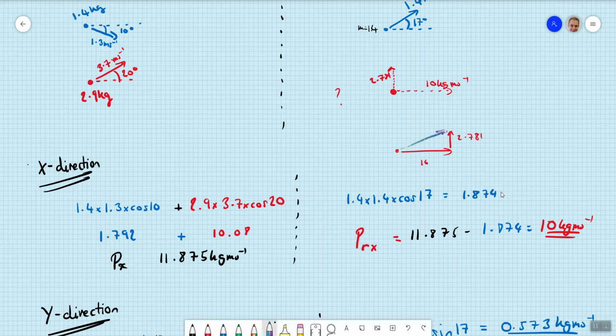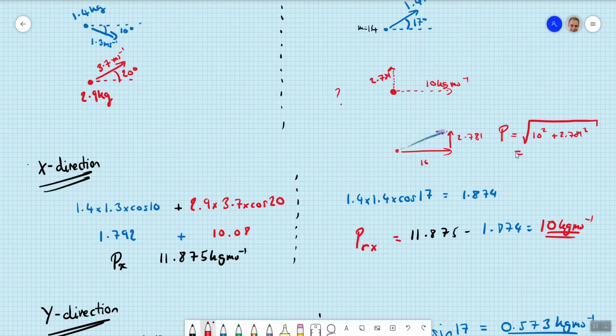So the final momentum of this object must be the square root of 10 squared. I'm just going to call it 10 now. I'm not going to worry about all the little decimal places that are miles away. So 100 plus 2.781 squared.